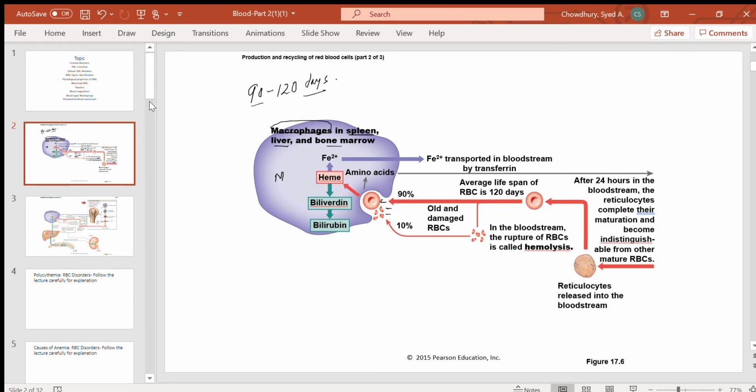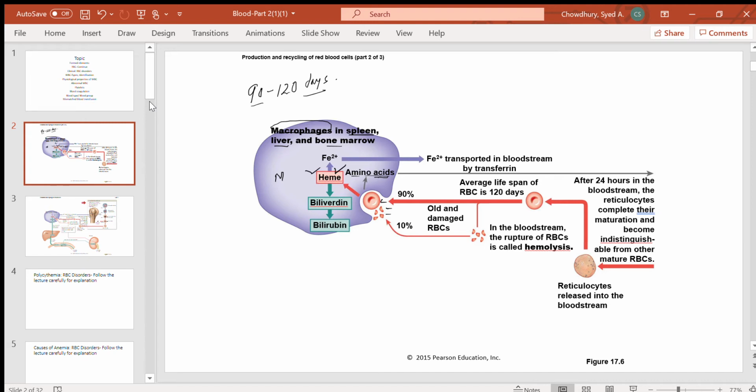And after the destruction of the red blood cell, the heme and globin part gets separated. You remember the globin part is formed by 4 amino acid chains, 2 alpha and 2 beta, right? So those amino acids get separated.